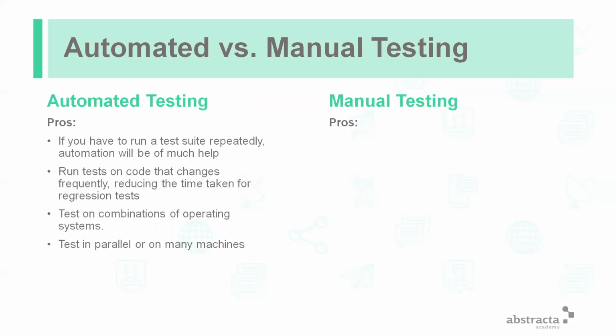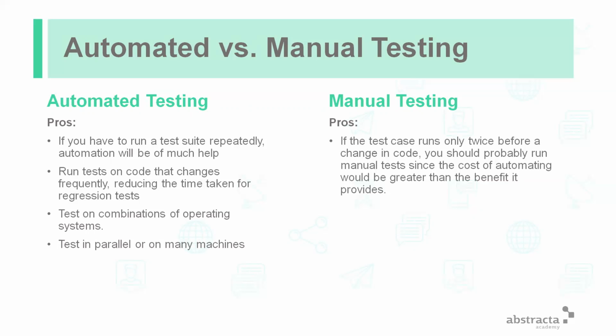And well, manual testing also has some pros. Like if the test case runs only twice before a change in your code. Let's say for Black Friday, if you have some functionality only for Black Friday, it will run only once a year, so maybe the cost is really high to automate that. Maybe the benefit will remain in having it manually rather than automating that one.